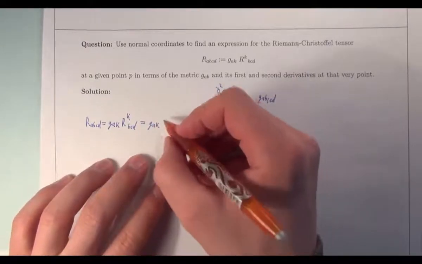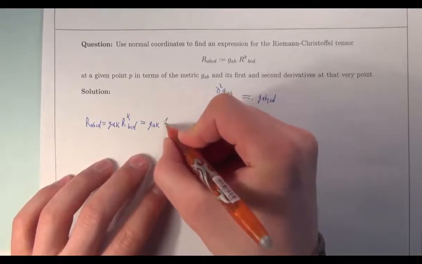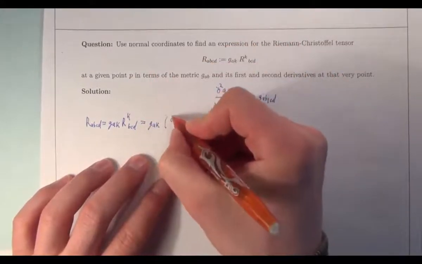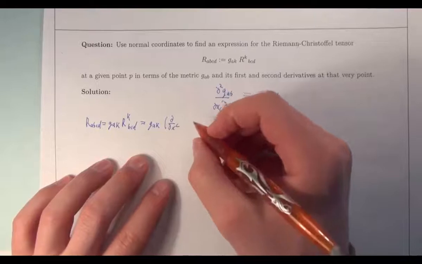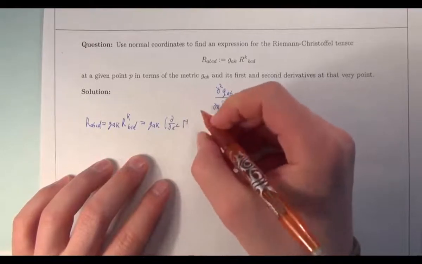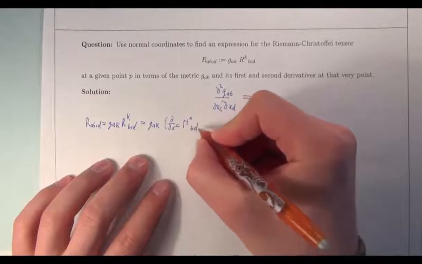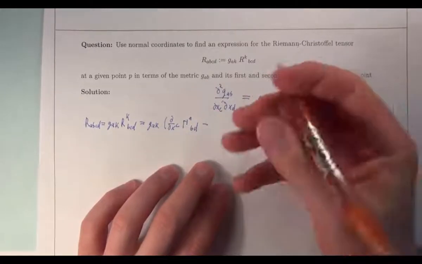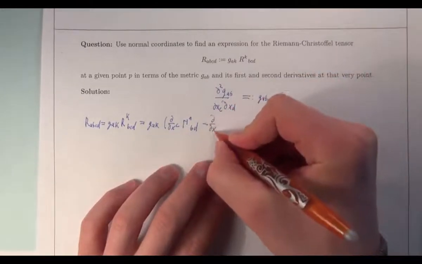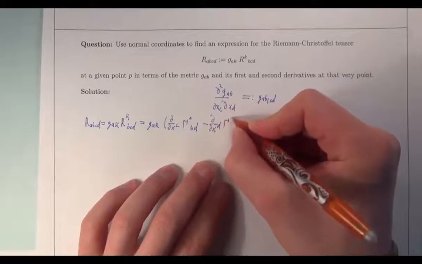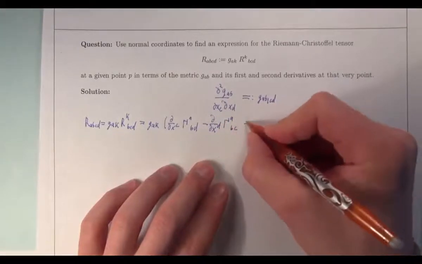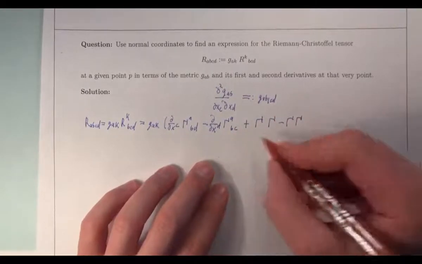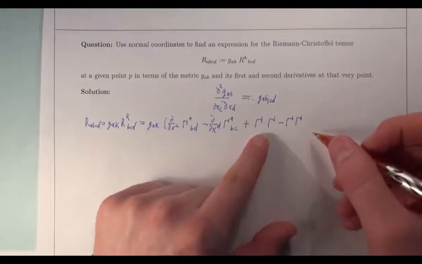That was given by, I'm confused, I'm sorry, del after del x^C of gamma^K_BD minus del after del x^D of gamma^K_BC plus gamma gamma minus gamma gamma with the indices distributed in the right way.